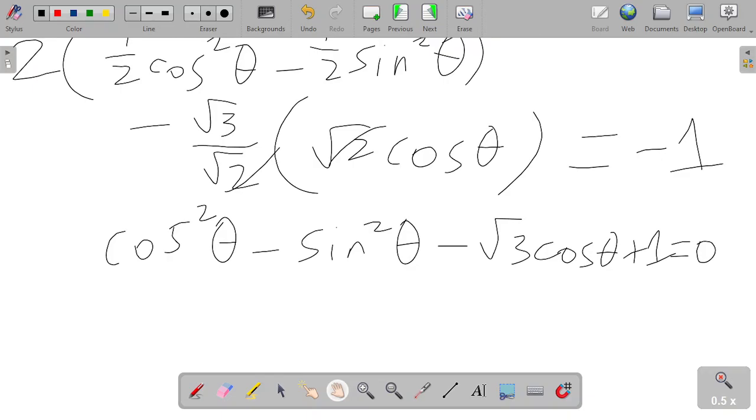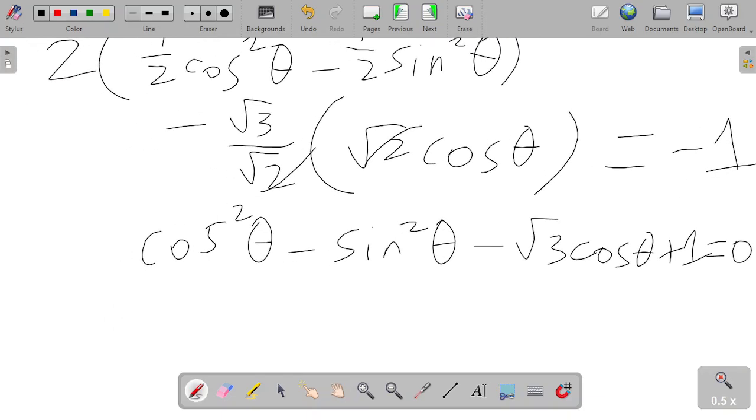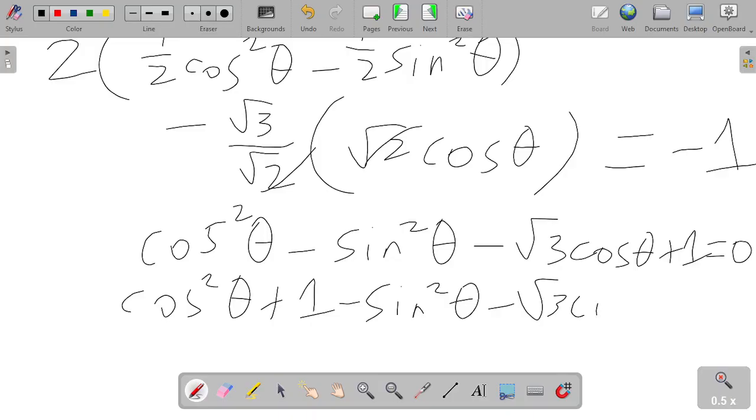Now if you rearrange this, you're gonna get cosine squared theta plus 1 minus sine squared theta minus radical 3 cosine theta equals to 0. Now if you notice something, 1 minus sine squared theta is what?